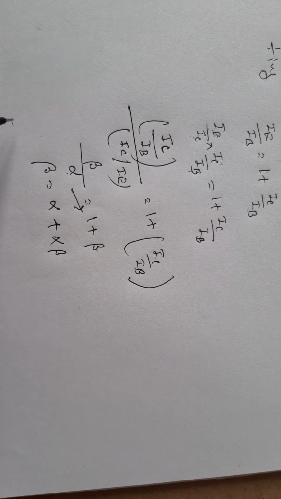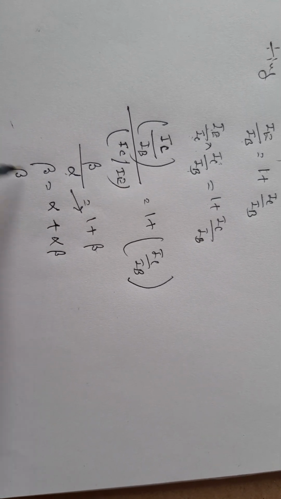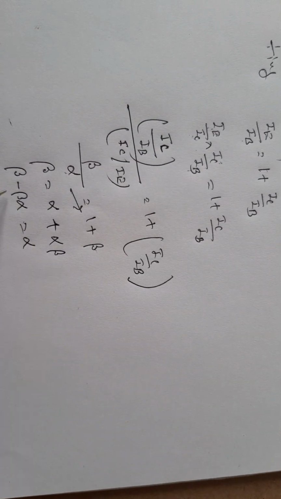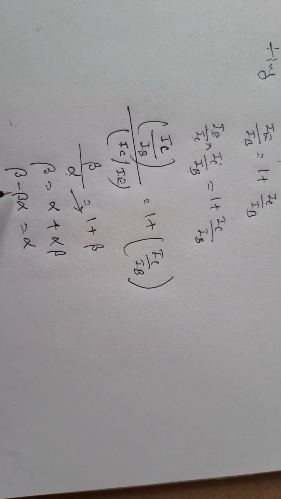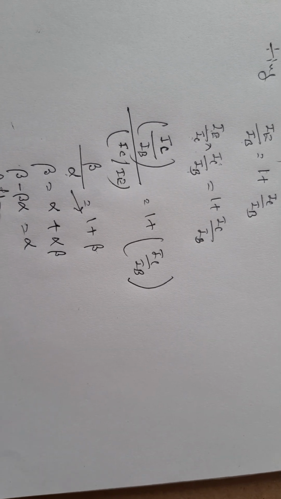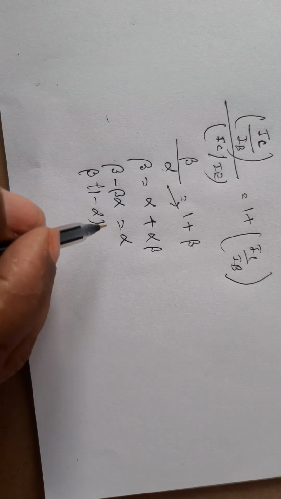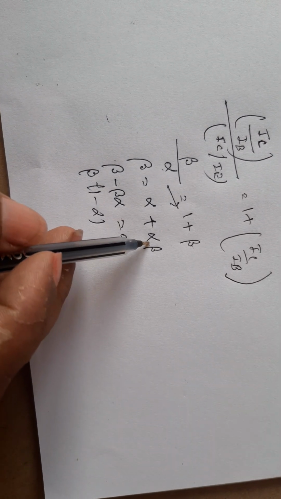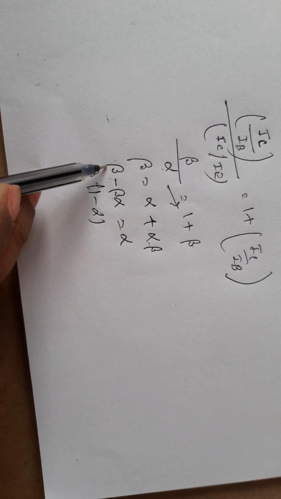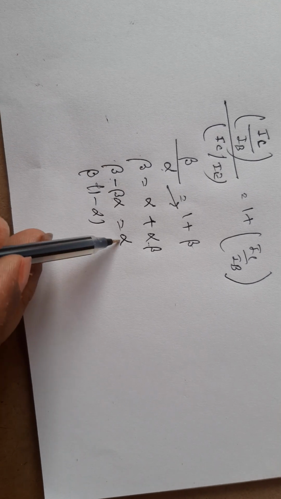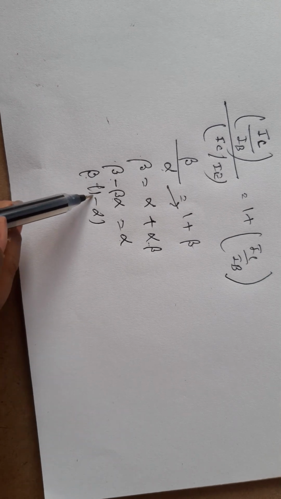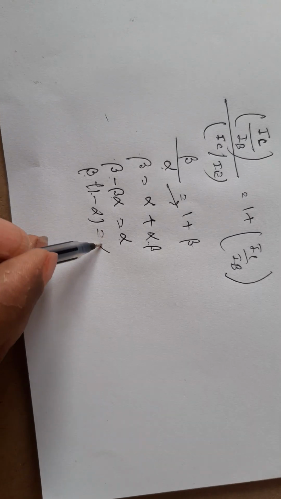Take this alpha beta to the left side. You get beta minus beta alpha is equal to alpha. Beta is common, then 1 minus alpha. When you take alpha beta to the left side, it becomes minus alpha beta. Beta minus beta alpha equals alpha. Beta is common, then 1 minus alpha is equal to alpha.